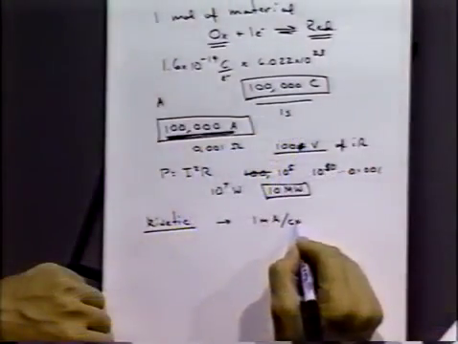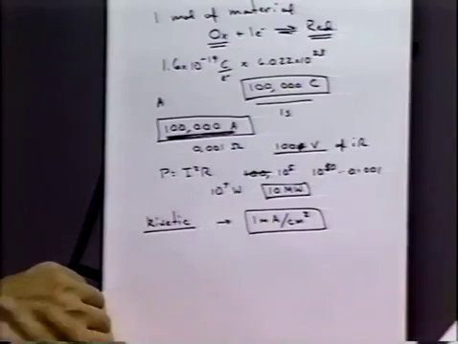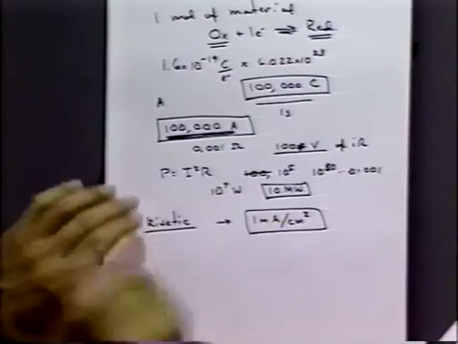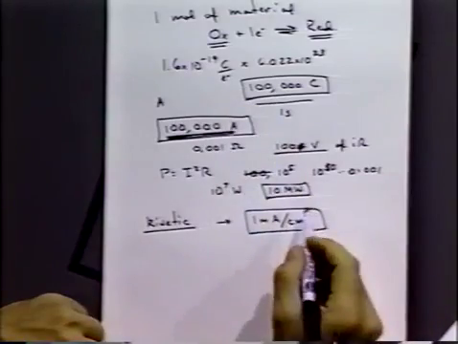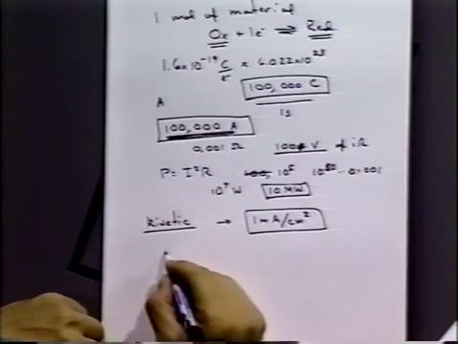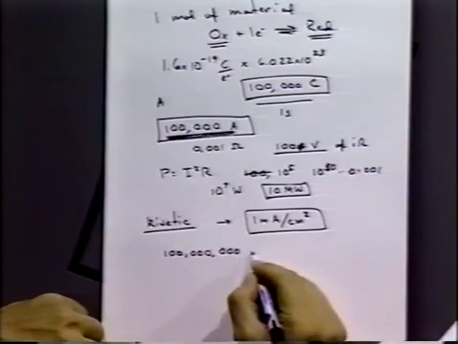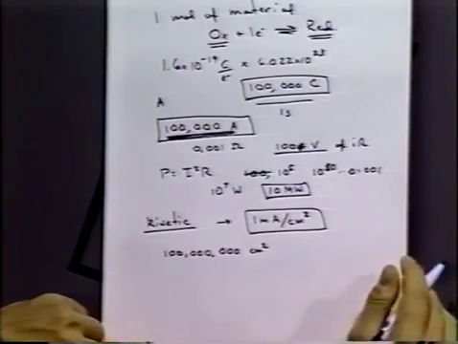Now, typical current density, even for a very rapid reaction, would be something like 1 milliamp per square centimeter. So if we want to run our reaction at 1 milliamp per square centimeter, which is a reasonable amount, of course that means that we're going to need to have an electrode that has 100 million square centimeter area.